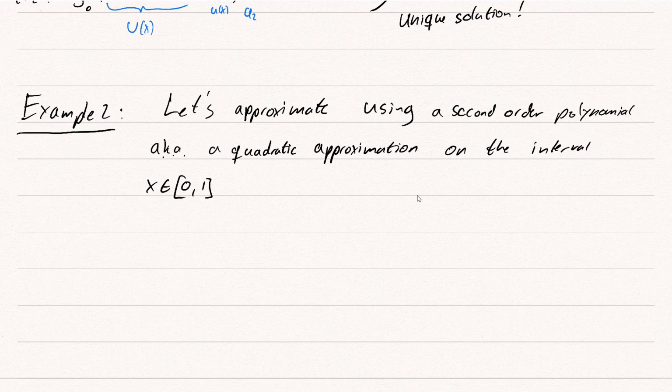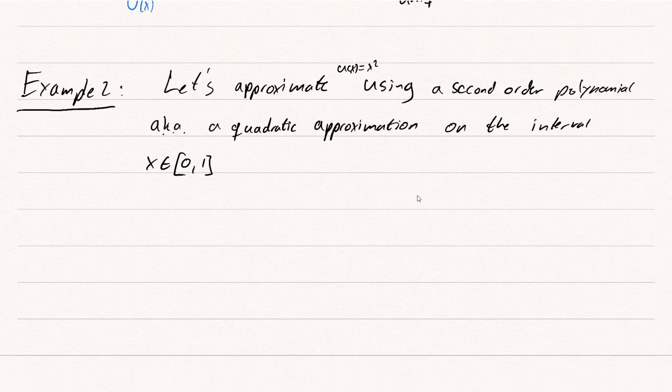So let's approximate u of x is equal to x squared using a second order polynomial.